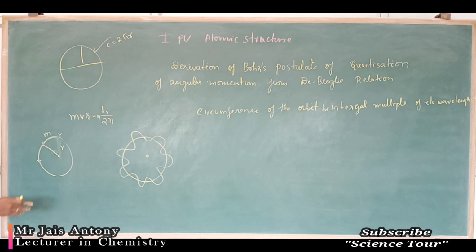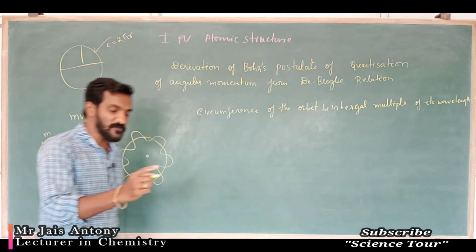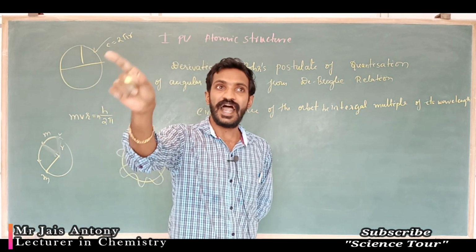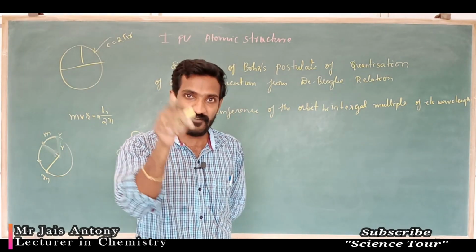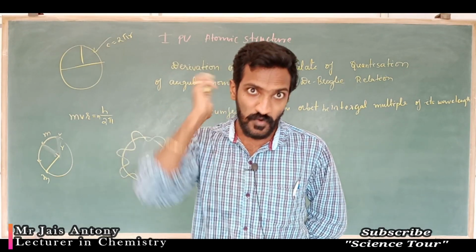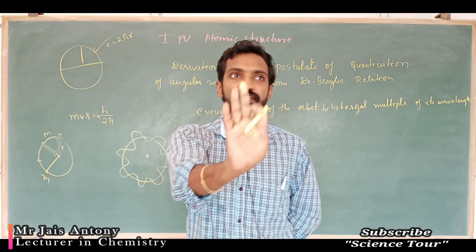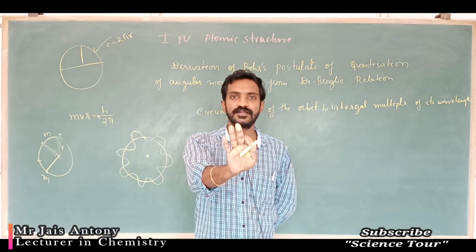So if I ask what is the angular momentum of an electron at this point, the mass at this point, the velocity at this point, and the radius from the nucleus to this point. Wherever I ask, at that point angular momentum is quantized, the mvr value is quantized. Quantized means a particular value is there, it is fixed.